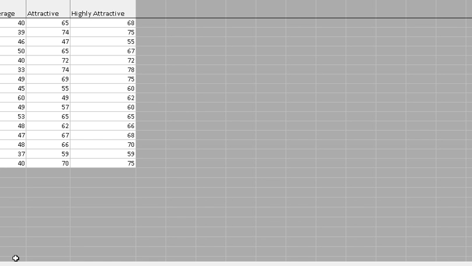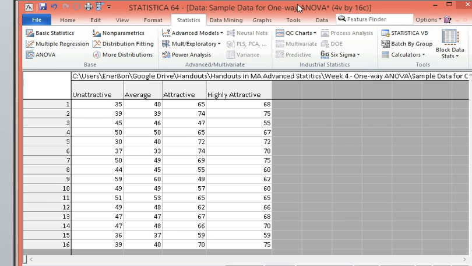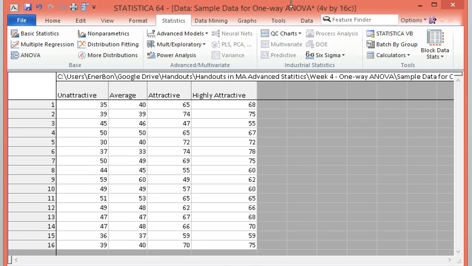So let's now go to our data. In this case, the research is conceptualized in a way wherein we are saying that the level of attractiveness, which essentially is your independent variable, has an impact on our perception of how socially desirable a certain person is.